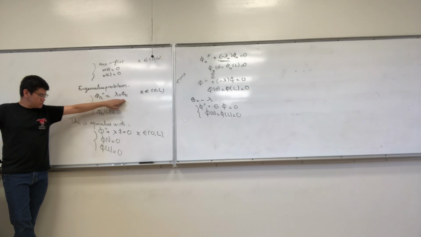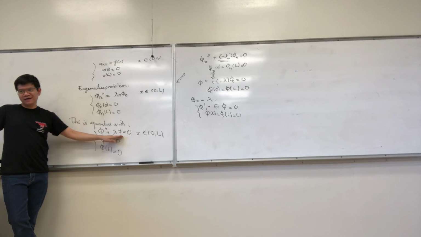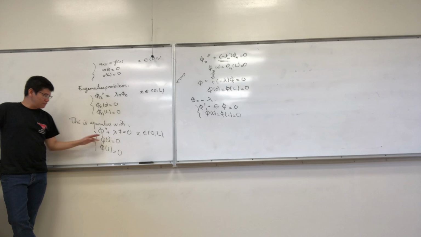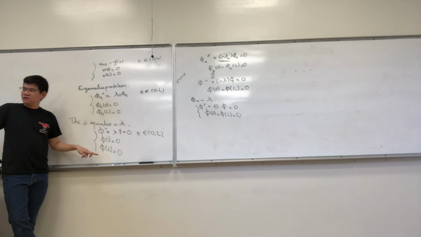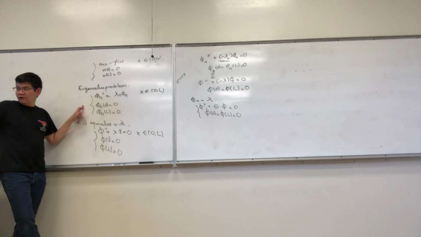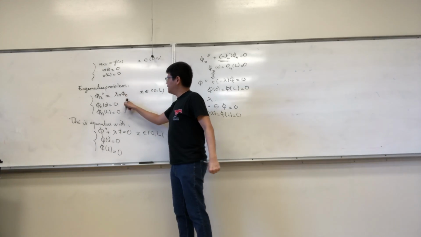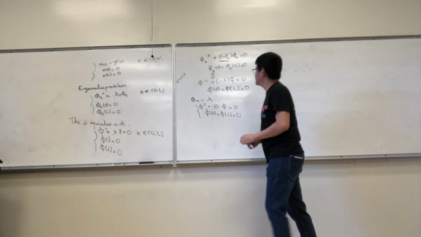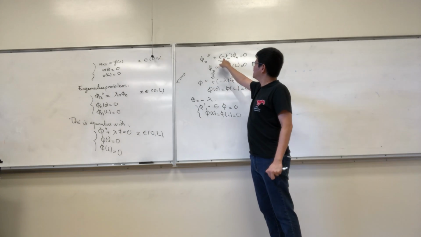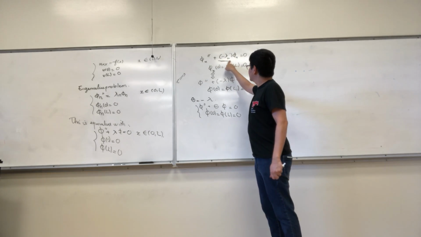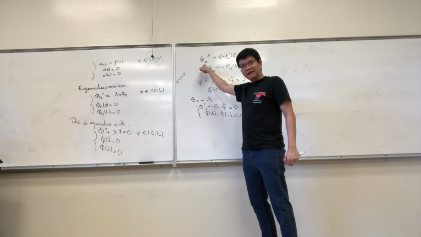Okay, so sometimes in the homework or in the notes, we have this problem, but they're equivalent, right? Why? Because now I put the minus lambda phi n to the left hand side, I have a minus lambda phi n, right? So the n is the index.